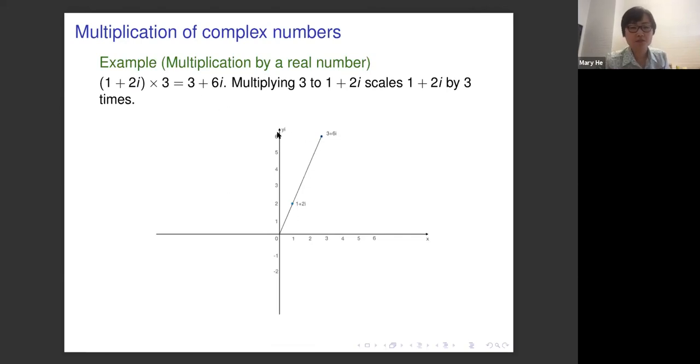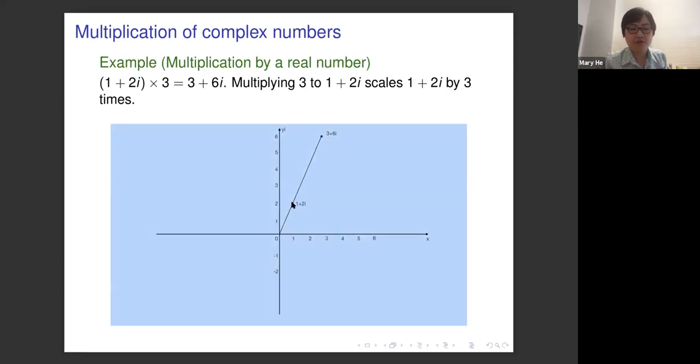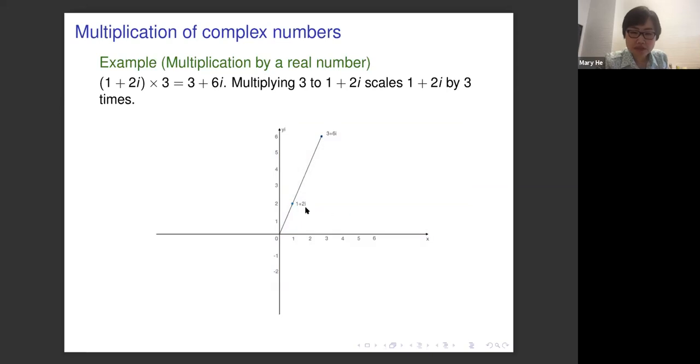So now let's plot 1 plus 2i and 3 plus 6i on the complex plane, right? So the first point is here, and the second point is here. And what we can observe is that if we connect 0 to 1 plus 2i, then actually the answer, which is 3 plus 6i, also lies on this line.